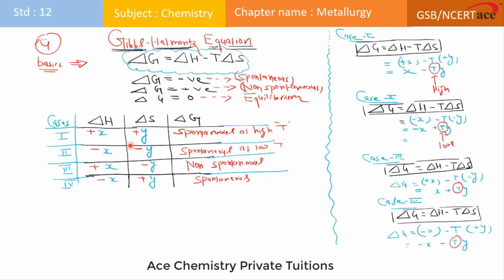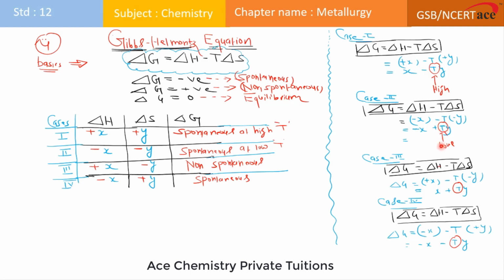You got this? In the second case, if I am substituting the value in the same Gibbs-Helmholtz equation, here the delta H is minus X and delta S is minus Y. So if you will substitute it, delta H remains minus X, but here minus and minus will become plus. So in order to make delta G negative, we want delta G negative because we want to make the process spontaneous. The temperature should be low.